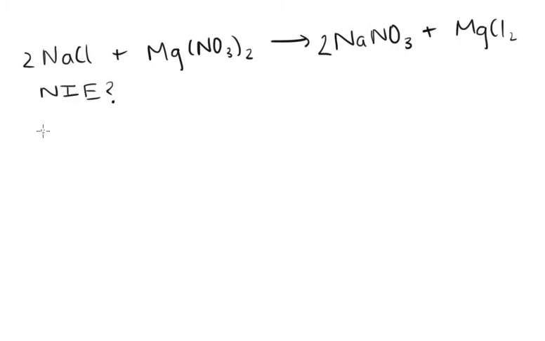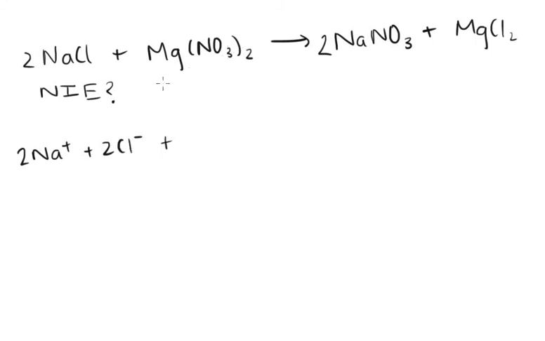Okay, let's do this. Okay, so like I said before, let's work with the reactant side. So are these strong or weak electrolytes? Sodium chloride is a strong electrolyte, so we can put it in its ionic form. Let's look at magnesium nitrate.